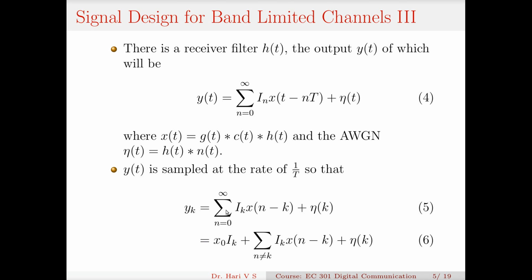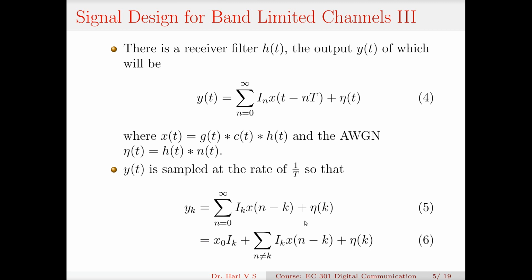So if you look into this equation, y_k equals sigma n from 0 to infinity I_n x(n - k) plus eta_k. If I take the value for n equal to k, this will be I_k times x_0. This is for the case n equal to k, plus some other terms come here for n not equal to k, that is, sigma over n not equal to k of I_n x(n - k), plus eta_k.